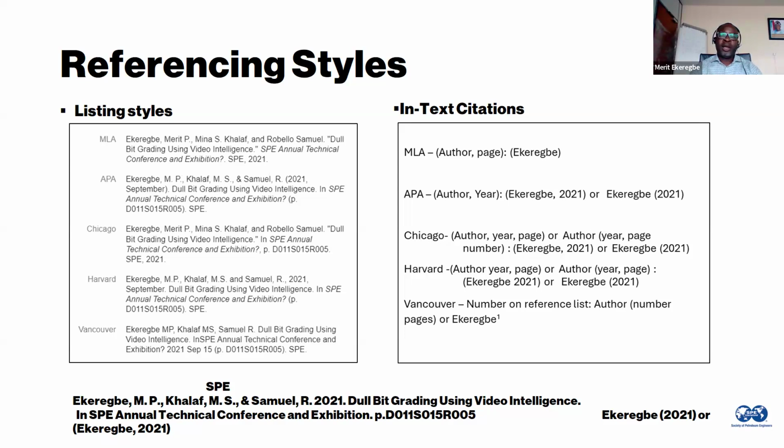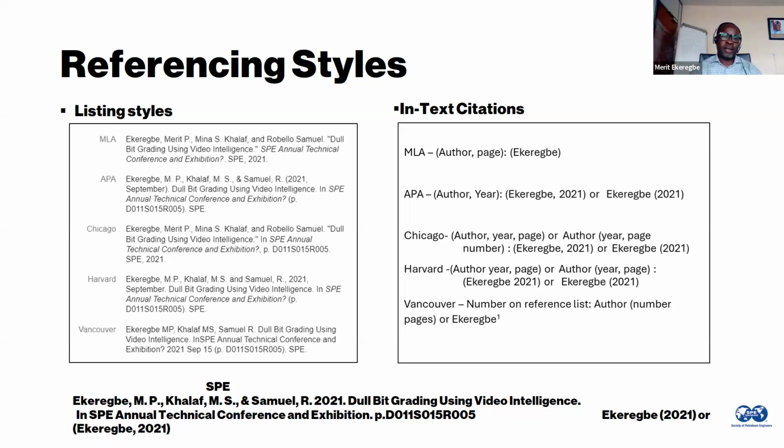Many of these clashes happen when we do referencing manually. But that is well taken care of if we use a citation generator, which provides this seamlessly, and the bibliography will be done automatically.